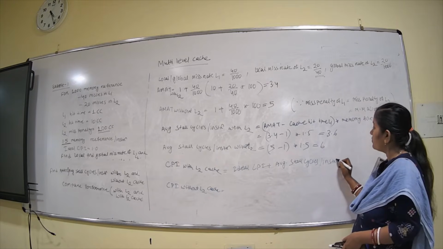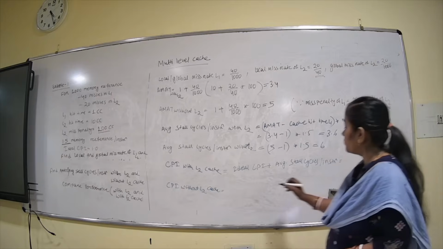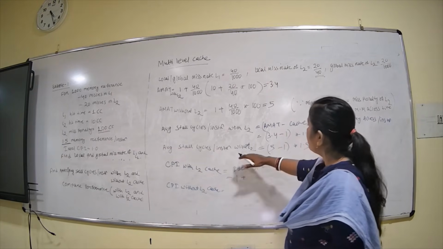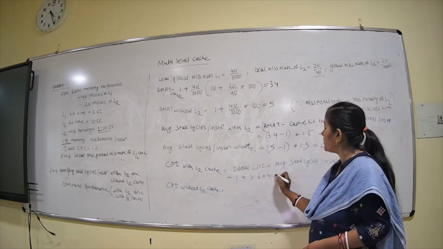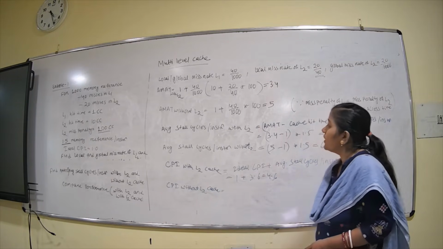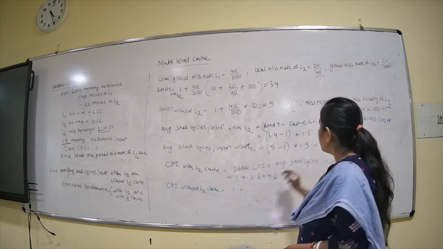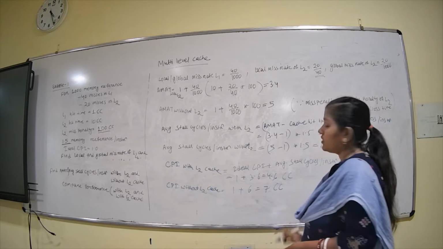Just put the values. Ideal CPI is given as 1. As you remember, with L2 it is 3.6, so it is 4.6. CPI without L2, ideal CPI is 1 and stall is 6, so that is 7. 7 clock cycles versus 4.6 clock cycles.